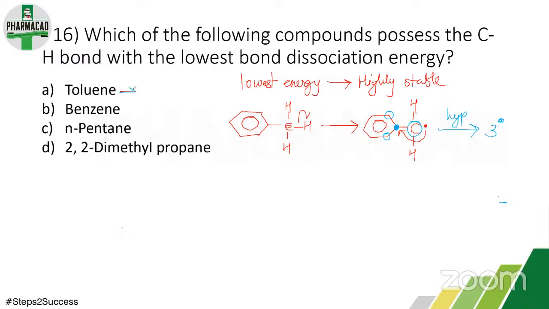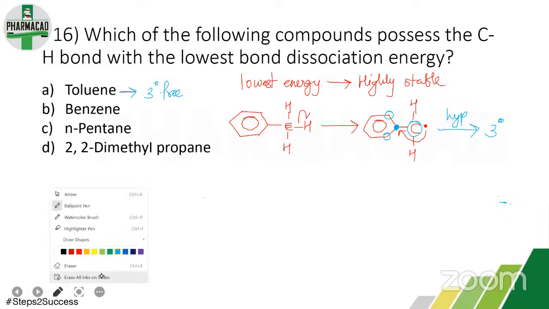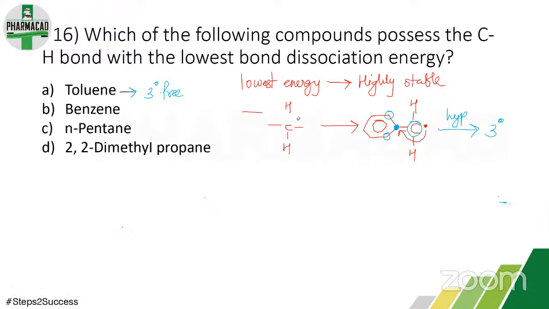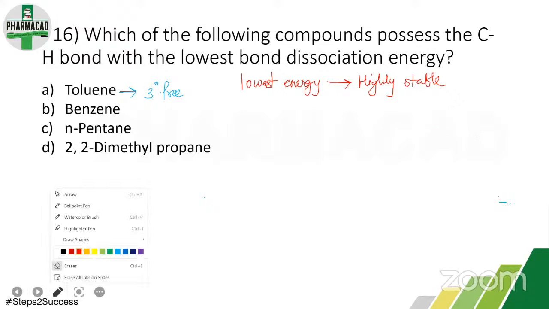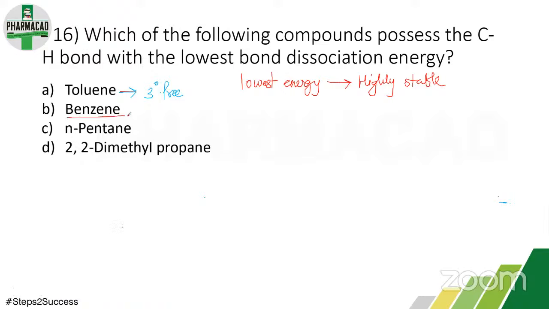So in the case of toluene, we are getting a tertiary free radical. Now we will see for benzene.